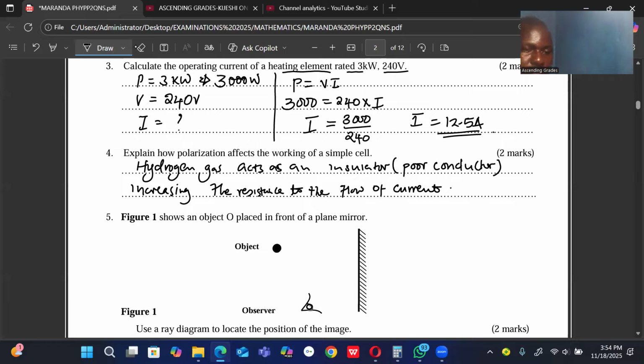We have our next part, where we are having a question on the reflection on plane surfaces and the formation of images.